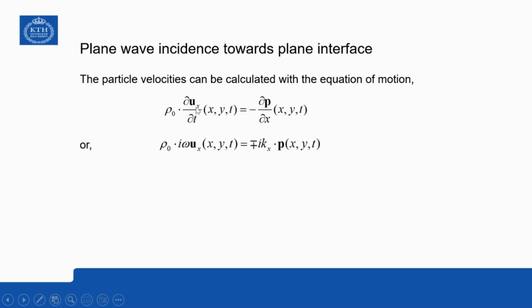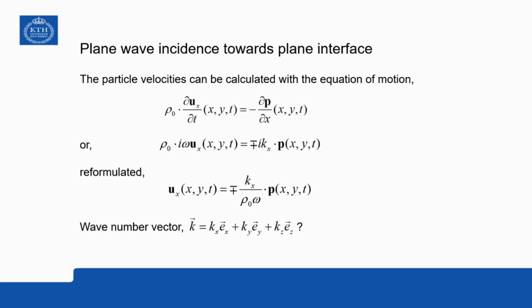So we end up with this expression for the particle velocity. The minus and plus signs here depend on the x direction of the waves. You remember the reflected wave had opposite sign compared to the incidence and transmitted waves. So the choice of sign, plus or minus, depends on which direction we focus on.